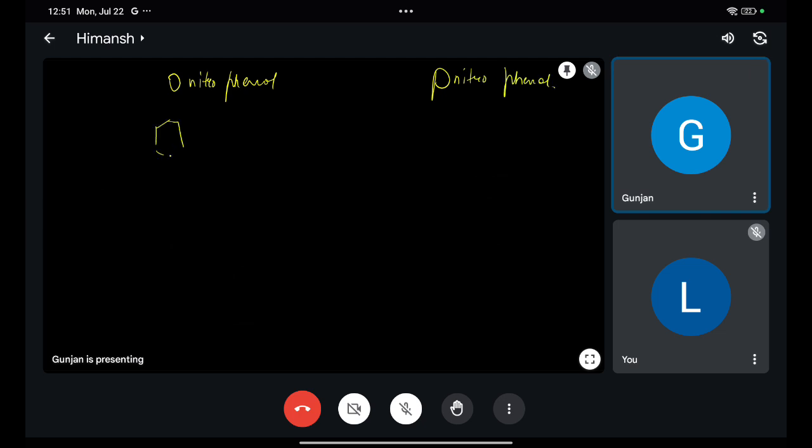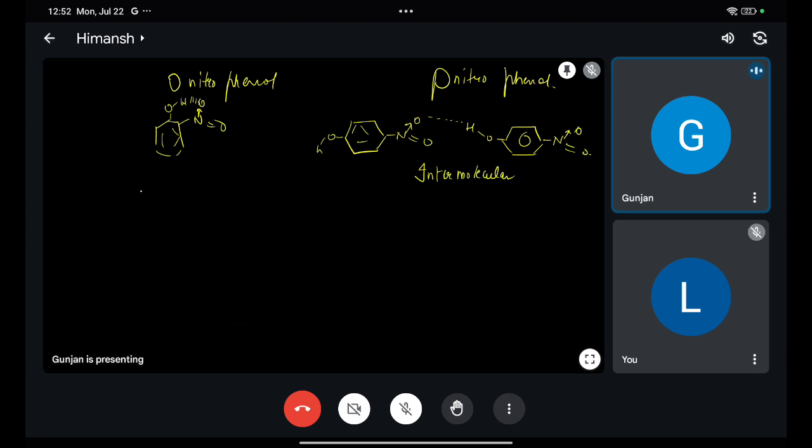Orthonitrophenol exists with OH and NO2 close together. Due to intramolecular bonding it is more volatile, with lower boiling point, and it is even steam volatile.